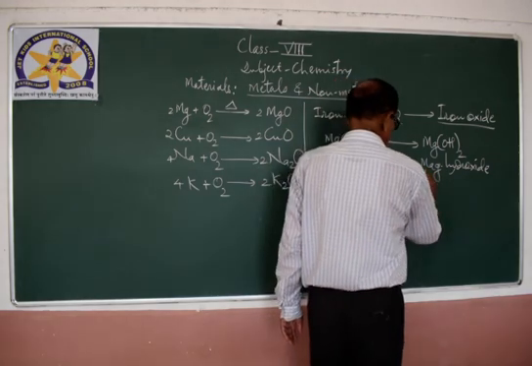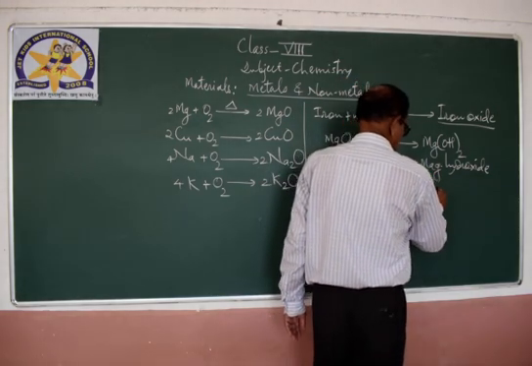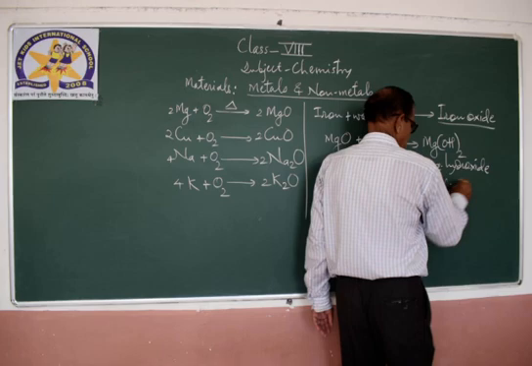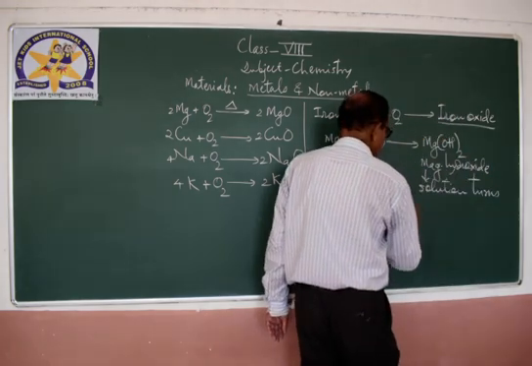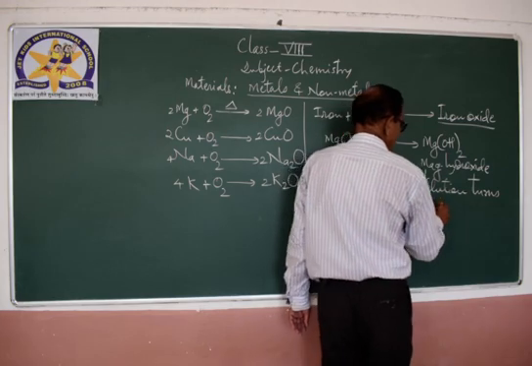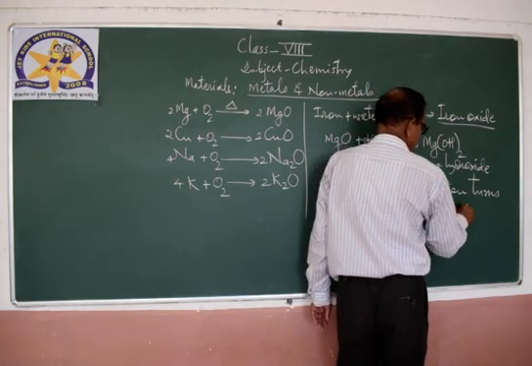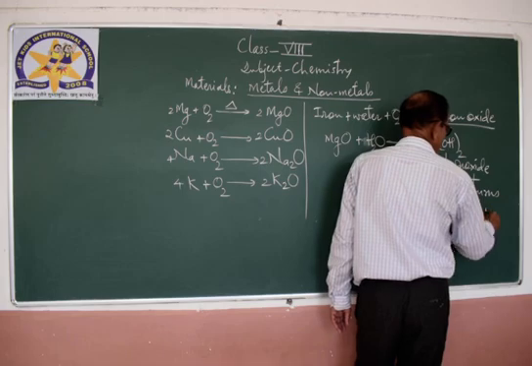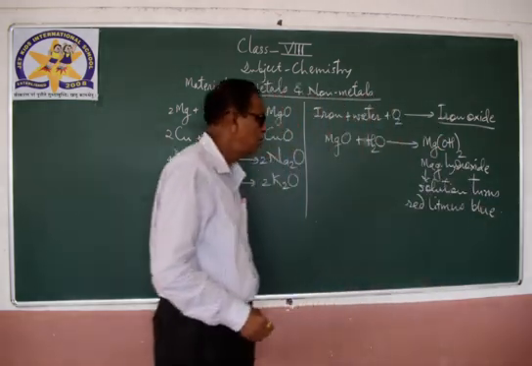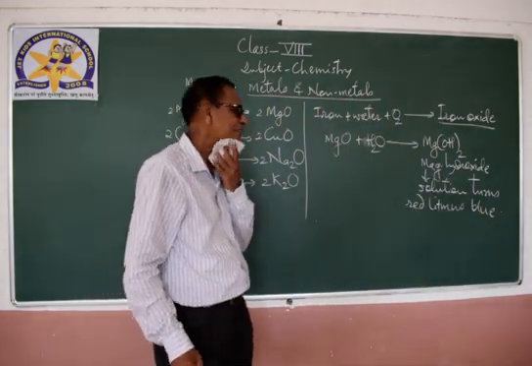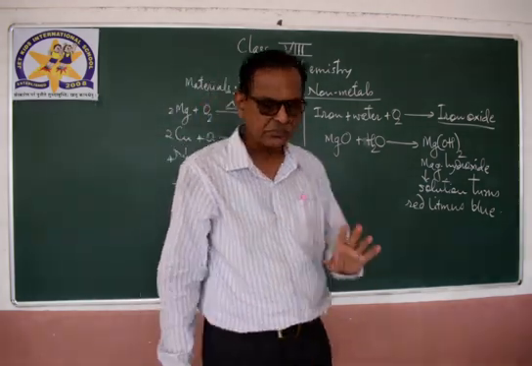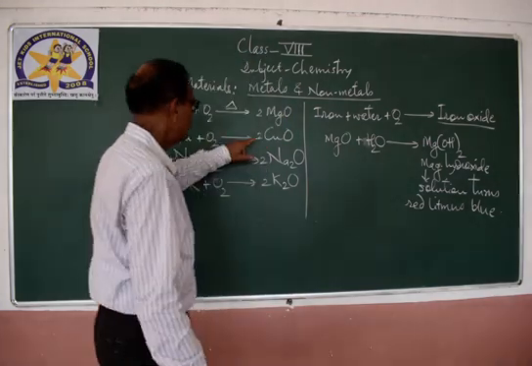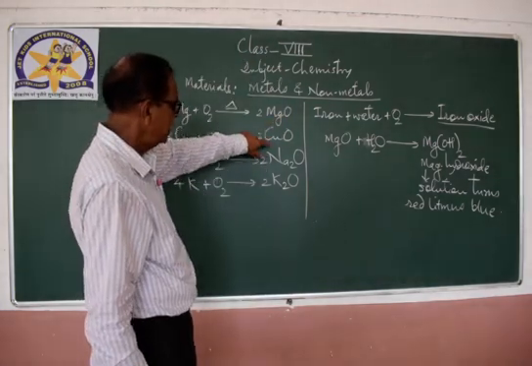So we can write: solution turns red litmus blue. Clear?